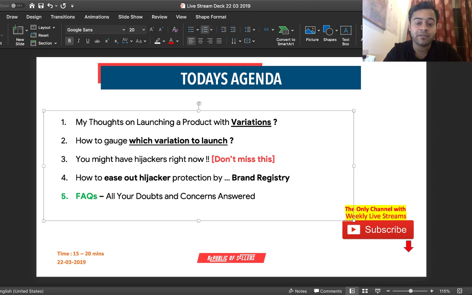If you have brand registry and you tell Amazon that somebody is trying to emulate us on these marketplaces and sell our product without our prior authorization, and that we have not authorized any sellers to sell these products in those marketplaces, Amazon is not going to question you a lot. If you have your brand registry done with them, they're just going to validate your information and your report, and simply remove those sellers or hijackers.